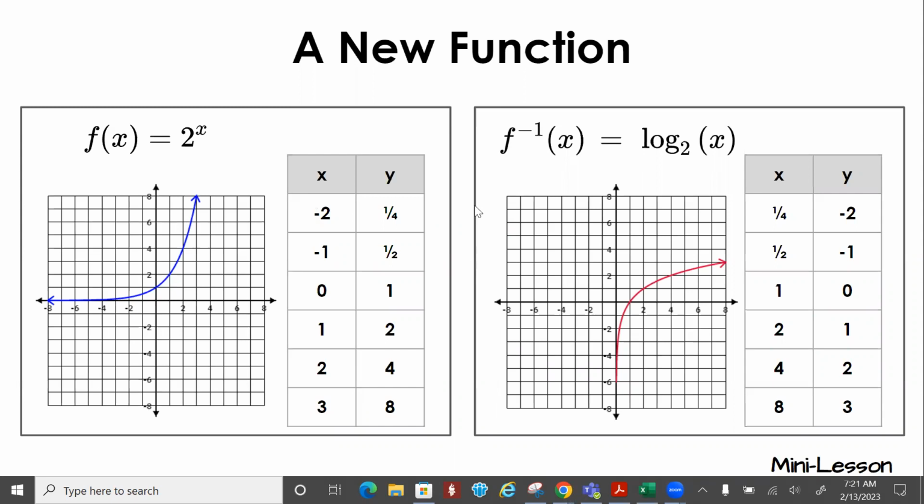Nobody knows what this is called? Okay, so where is x located? In the exponent, right? So if the x is in the exponent, this is called an exponential function.